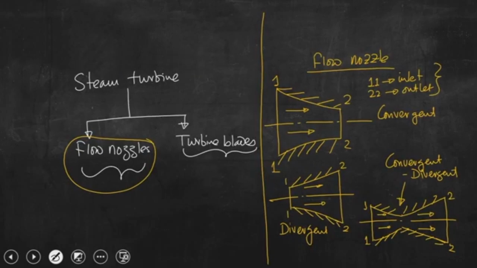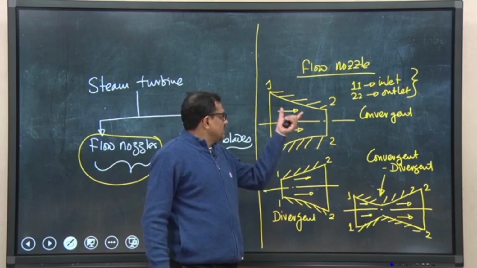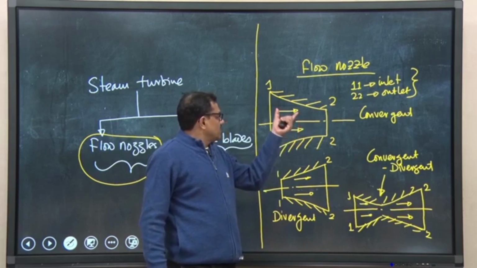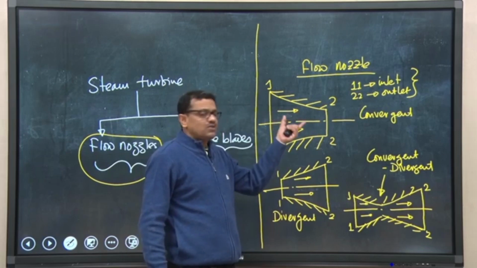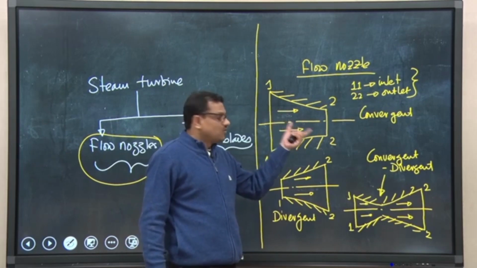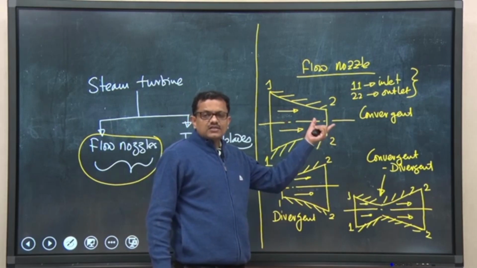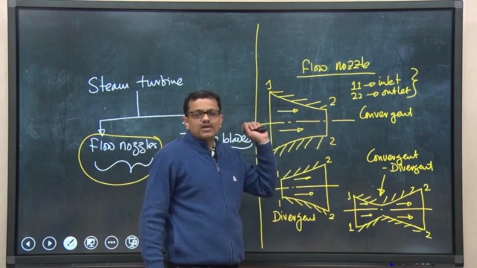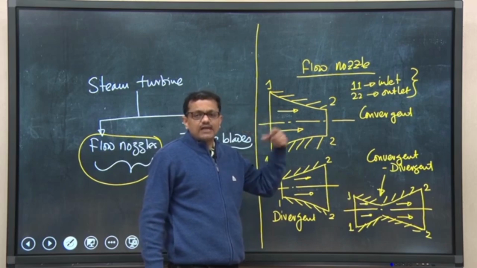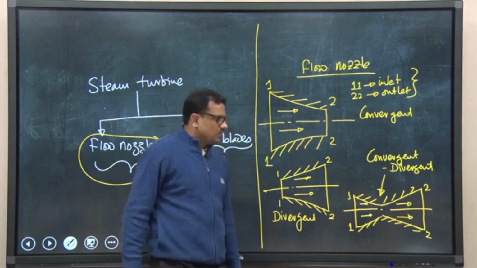I hope you have understood that the basic objective of studying the flow through a nozzle is to know the velocity which the steam will have at the exit, because that is an important parameter, and to get that velocity, what would be the area at the exit of the nozzle.